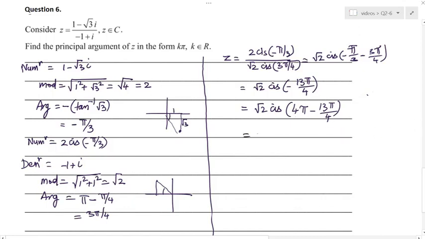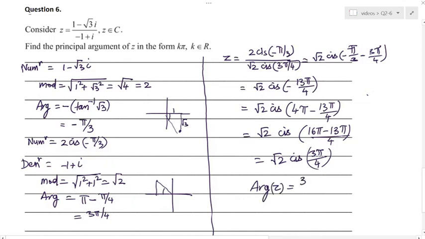When I simplify this, it becomes root 2 cis of 16 pi minus 13 pi divided by 4, which is root 2 cis 3 pi over 4. Therefore arg z is equal to 3 pi over 4. And that's your answer, and that's where we are going to stop.